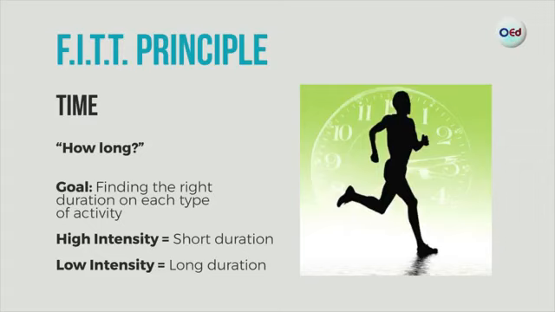Time is also dependent on the intensity of your workout. The higher the intensity that you do, you must always make sure that the bout of exercise is shorter. If your intensity is average or low, you must do the opposite and make the exercise bout longer. Time has everything to do with the adaptation that the body goes through when it is put in a specific stress response situation.